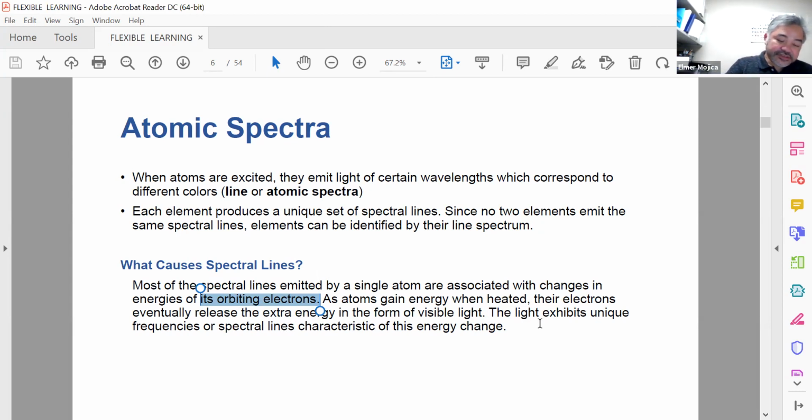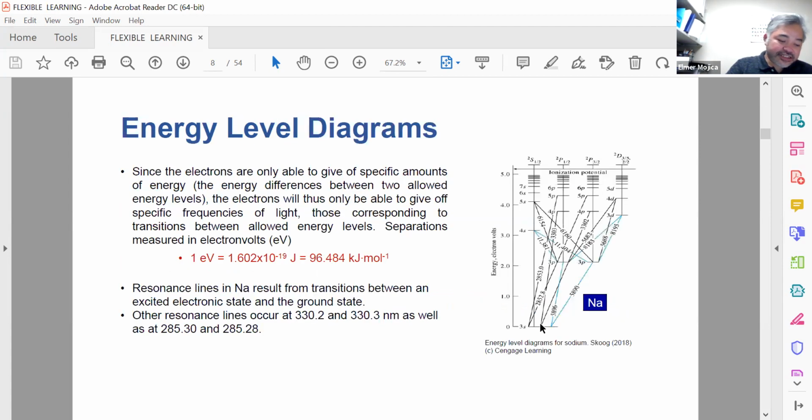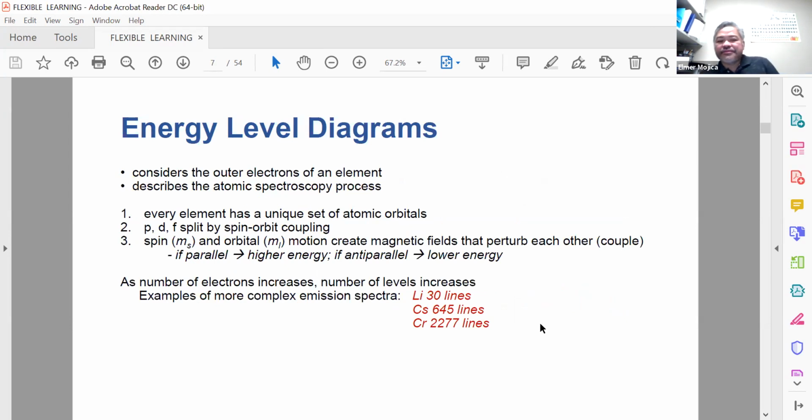If you look at this energy level diagram, you can consider the outer electrons of the element, and they describe the atomic spectroscopy process. Every element has a unique set of atomic orbitals, the P, the D, and the F, split by spin-orbit coupling.